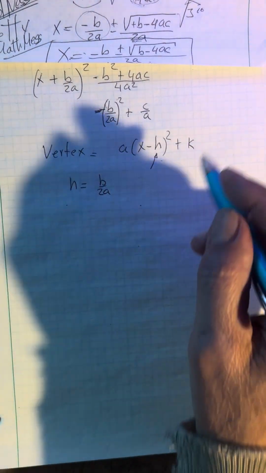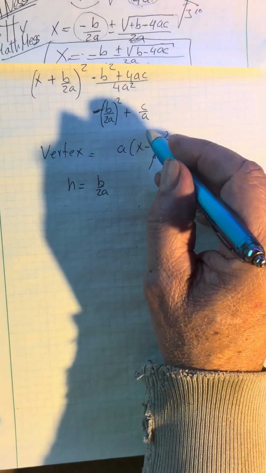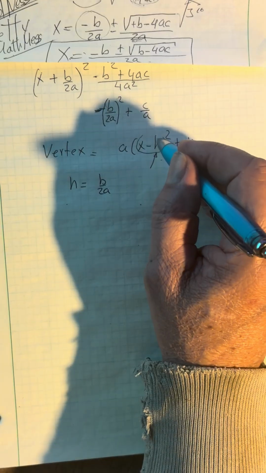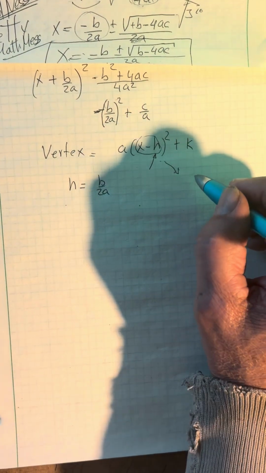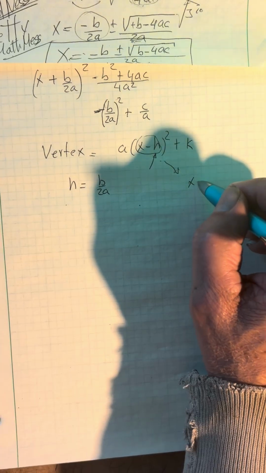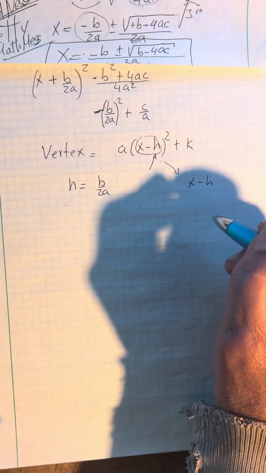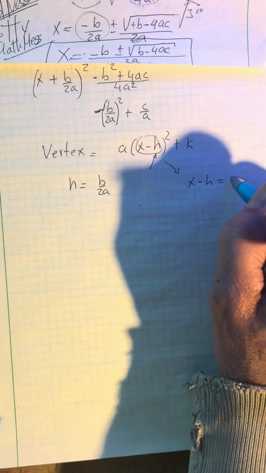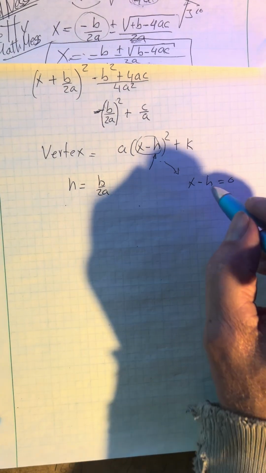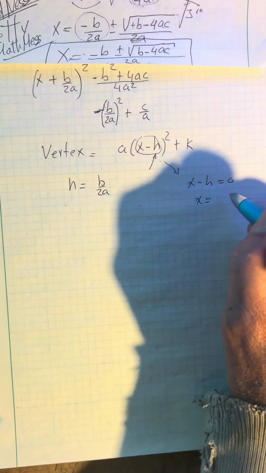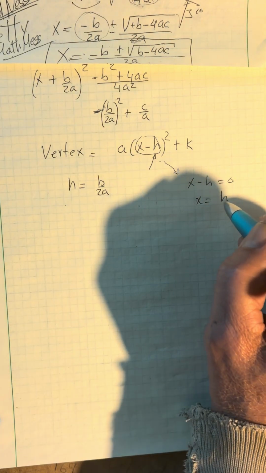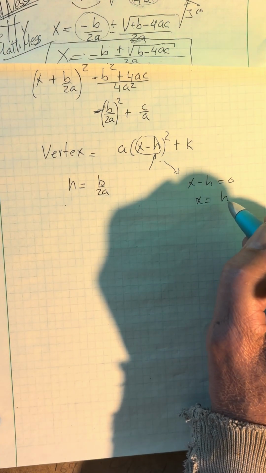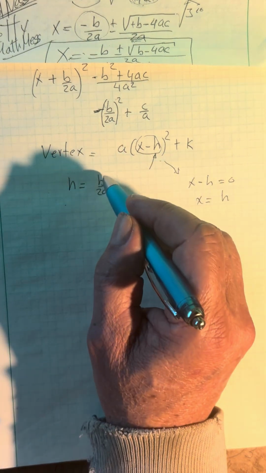I think that to derive it, because we are looking for a formula, we can take what's inside over here, and we said x minus h equal to 0, and said x is equal to h, right? Which is here.